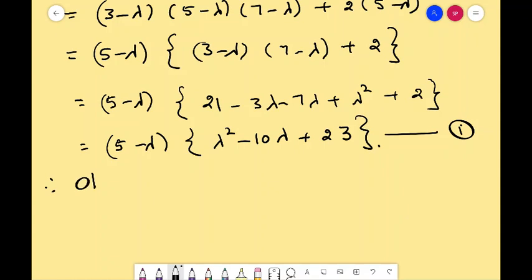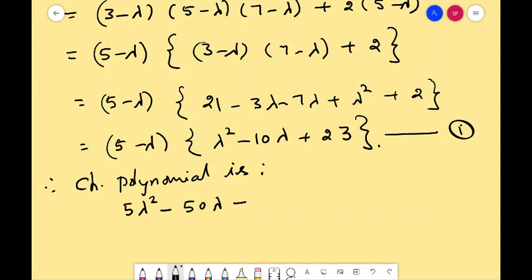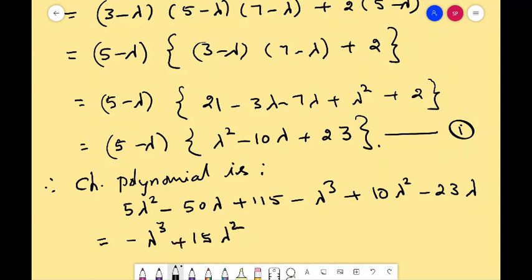Therefore, the characteristic polynomial is, multiply these two, then you will get the characteristic polynomial: 5 lambda square minus 50 lambda plus 115 minus lambda cube plus 10 lambda square minus 23 lambda, that is equal to minus lambda cube plus 15 lambda square minus 73 lambda plus 115.